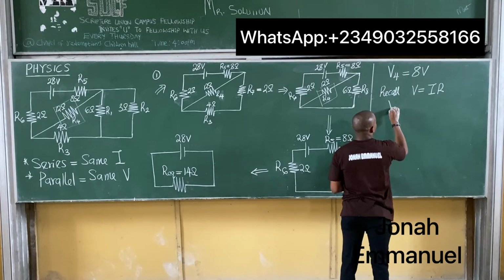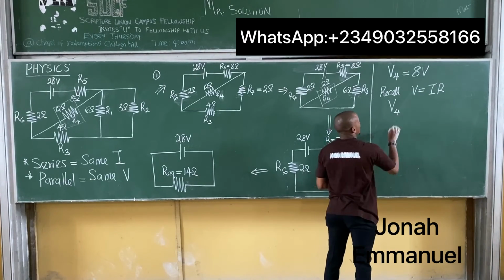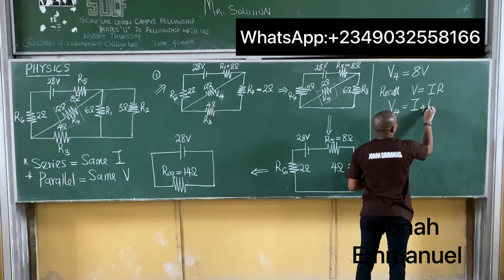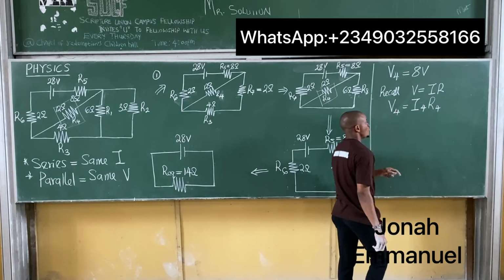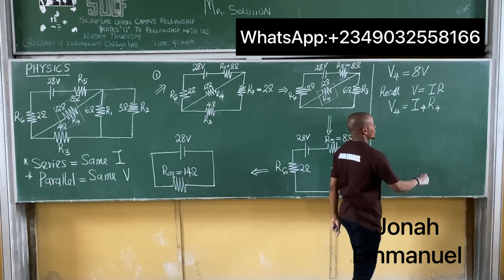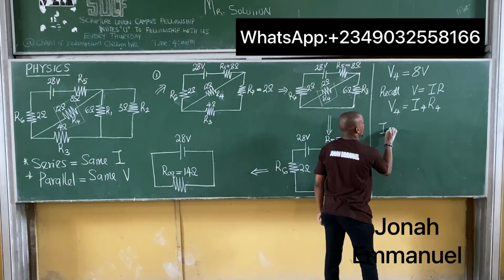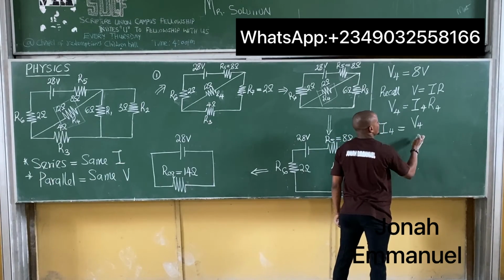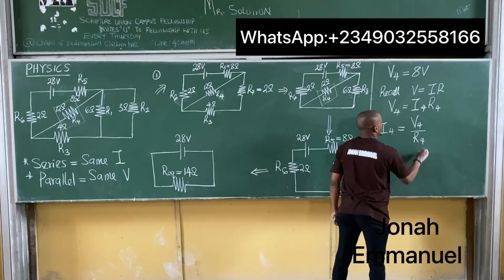So it means that the voltage across R4 is equal to I4 times R4. We have to find I4, the current across the R4 resistor. That means from here, I4 is equal to, dividing both sides by R4, V4 over R4, of course.